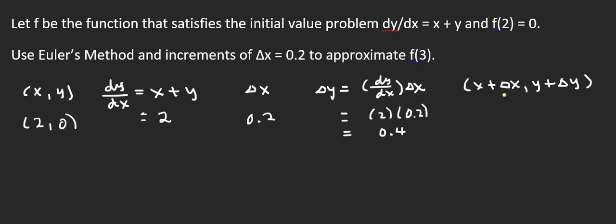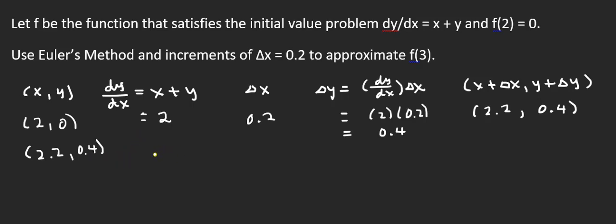Well, that's x plus delta x, which is 2.2, comma, y plus delta y, which is 0 plus 0.4. So now that becomes our next point, 2.2, comma, 0.4.